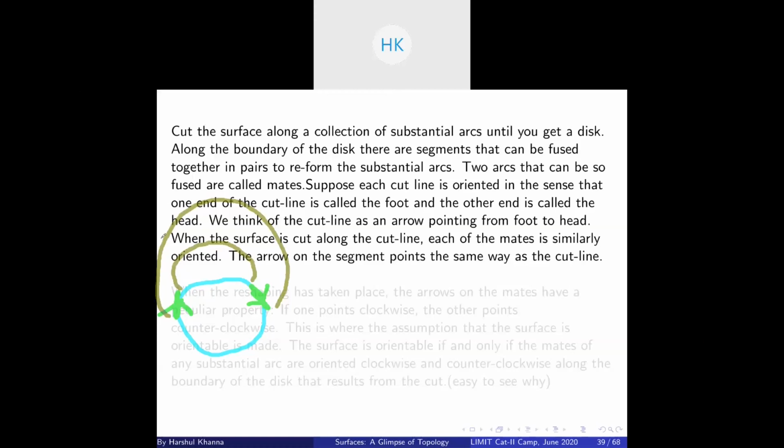Suppose I attach this strip of paper and I will rotate it or fold it, give it a twist, however the surface demands. So I'll just draw this same strip here and see the orientation. If both the arrows are in clockwise direction, so suppose this, then the other will be downwards if both are in clockwise direction.